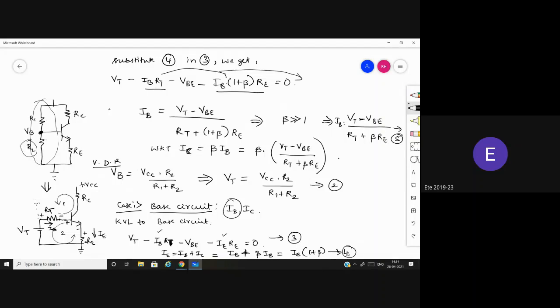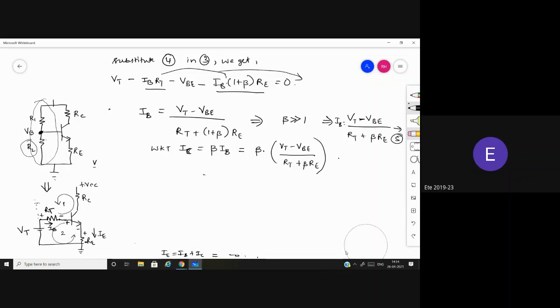So from this, we will be able to get the equation for the collector current.